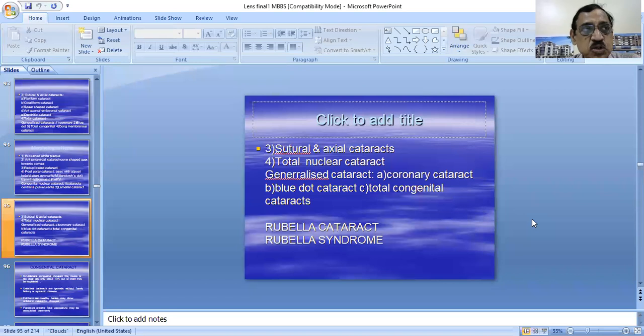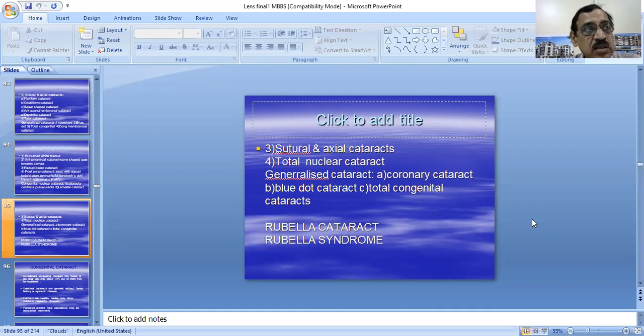And rubella syndrome is another condition where you have the rubella cataract, and the associated congenital malformations can be persistent hyperplastic primary vitreous, microphthalmos, and posterior lenticonus can also be seen in these cases.